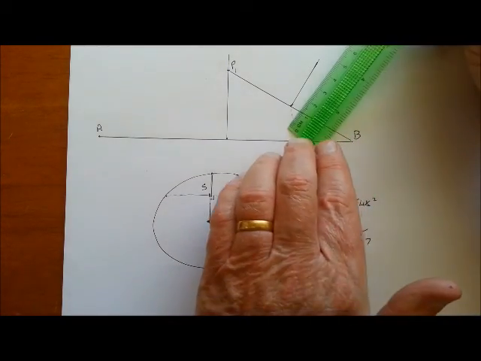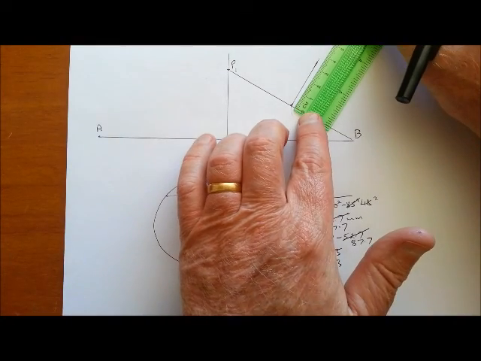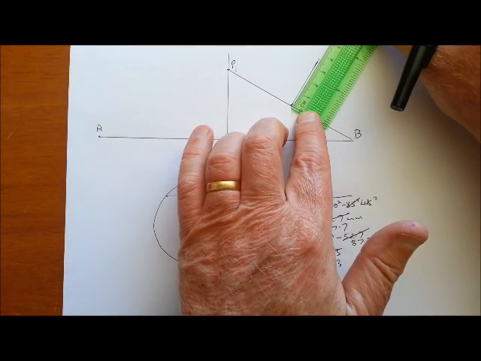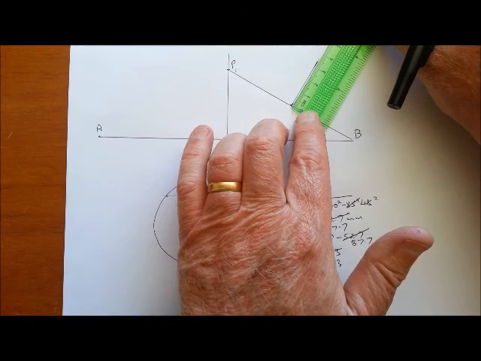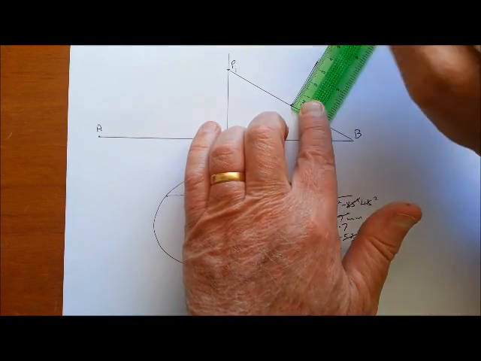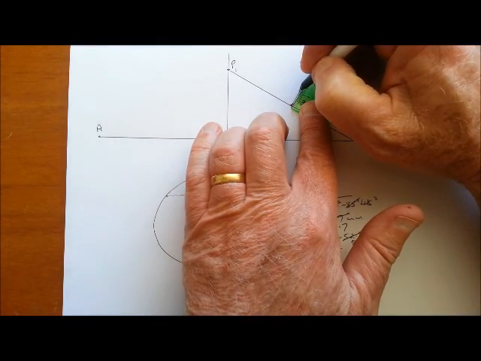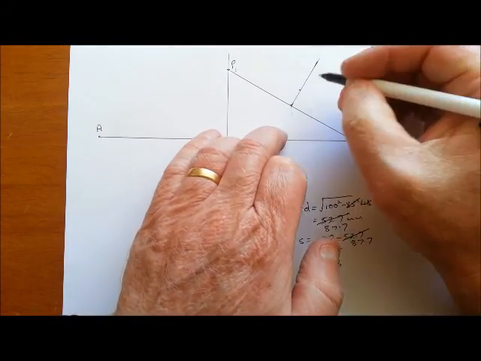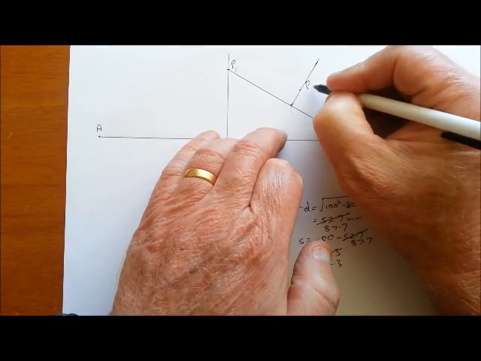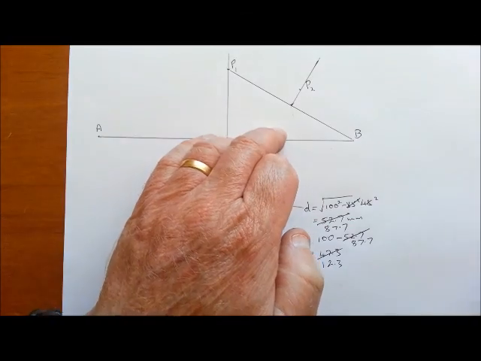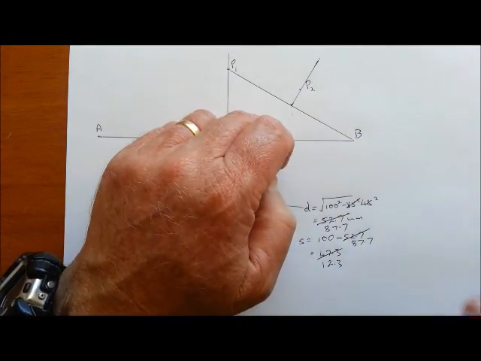So we now have to measure, and this is millimetres, not centimetres, so we'd have to measure 12 millimetres out there, and we've found another point which I'll call P2, and we repeat the process.